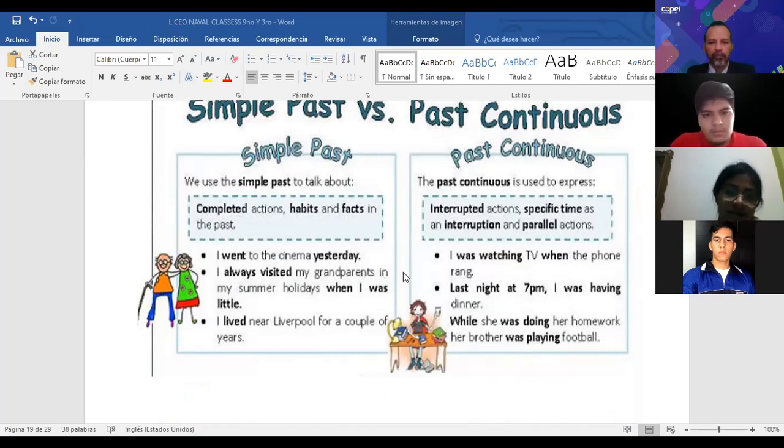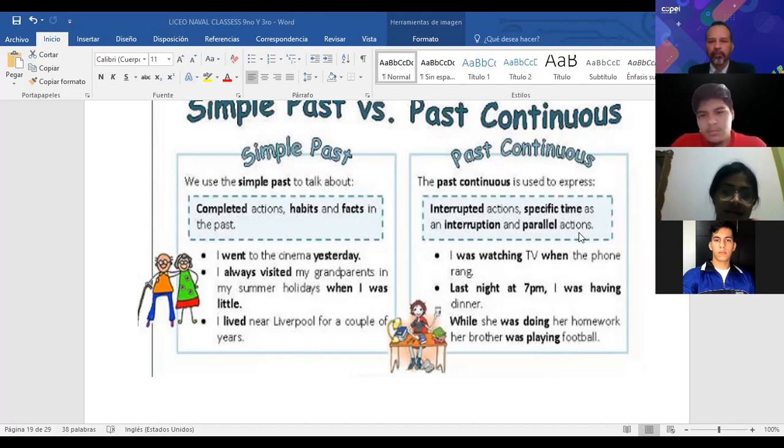I always visited my grandparents in my summer holidays when I was little. I lived near Liverpool for a couple of years. Exactly, Liverpool for a couple of years. Now, this is simple past. Now, past continuous is different. Diana, past continuous. The past continuous is used to express interrupted actions.